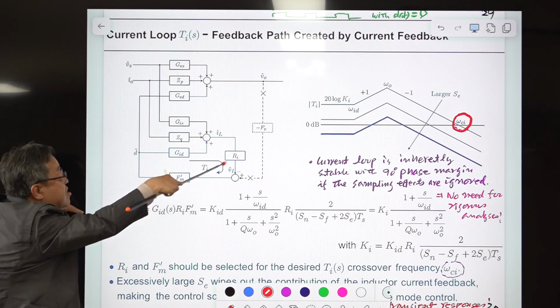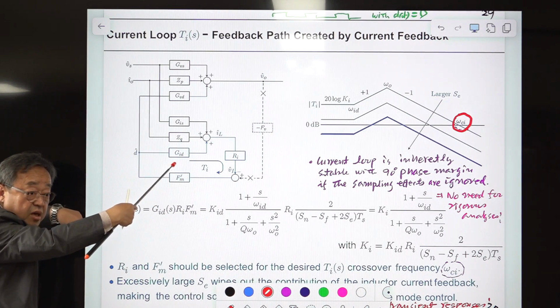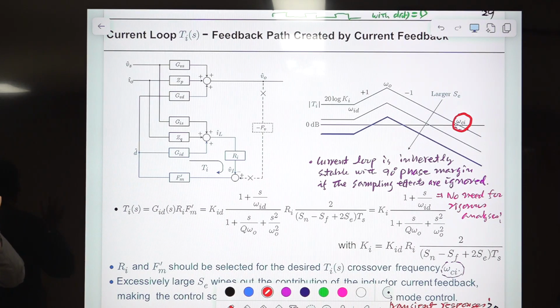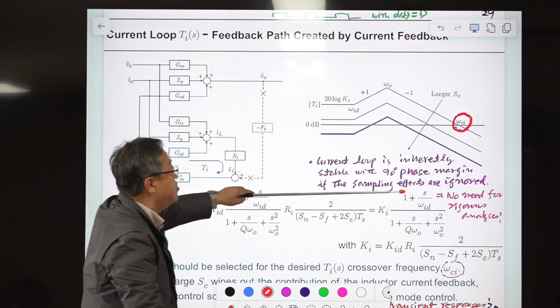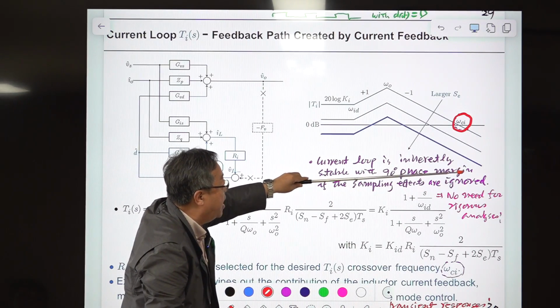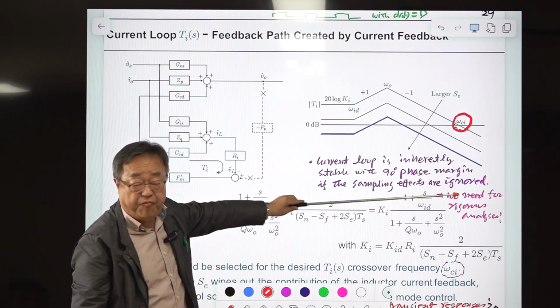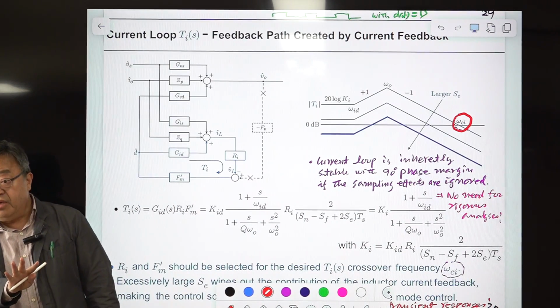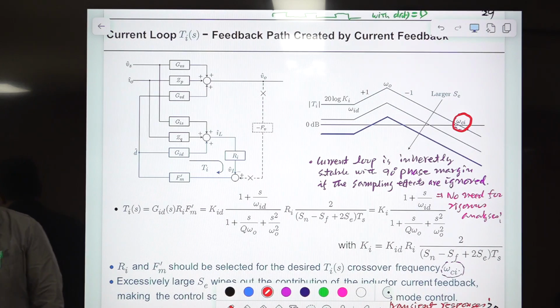There is no subharmonic oscillation going on here. So this is inherently stable with a 90-degree phase margin when the sampling effect is ignored. We ignore the sampling effect.